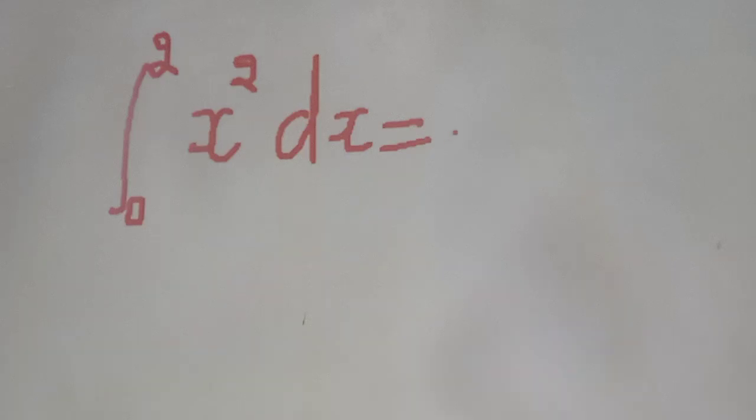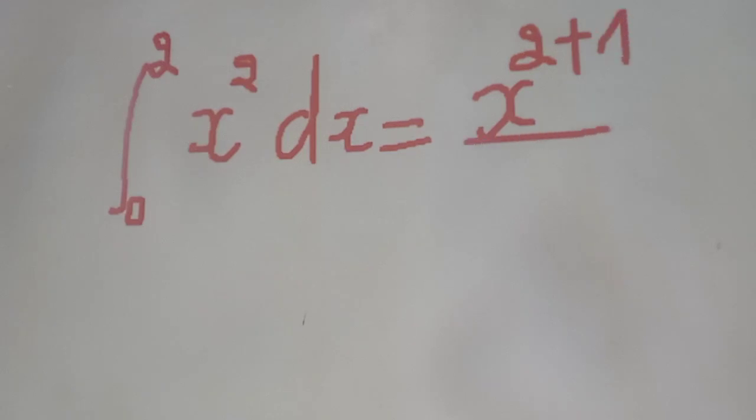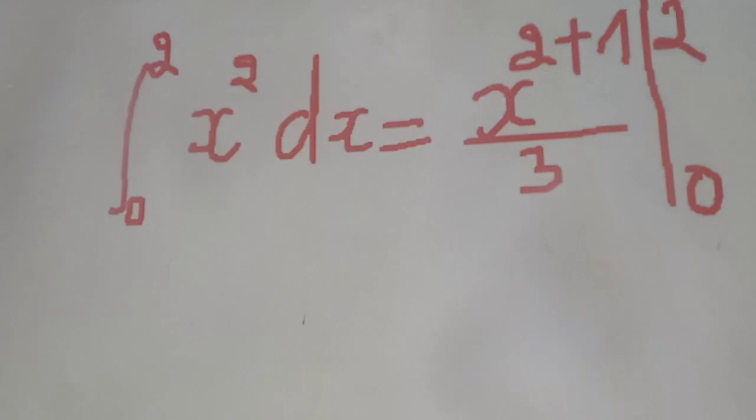As you remember, we take the variable power, the given power plus 1, and we divide by the answer. We don't add the constant c, but we replace by 0 and 2. We replace a by 0 and b by 2.